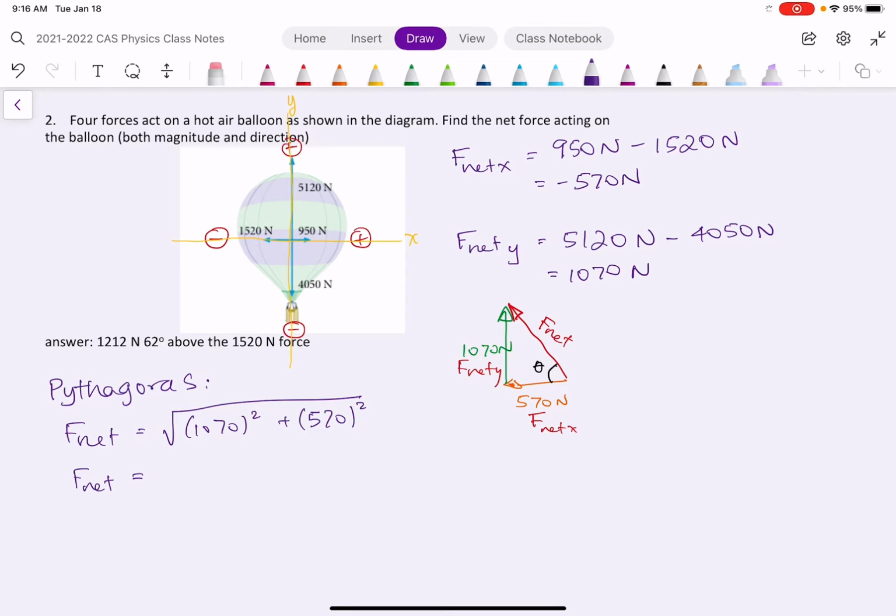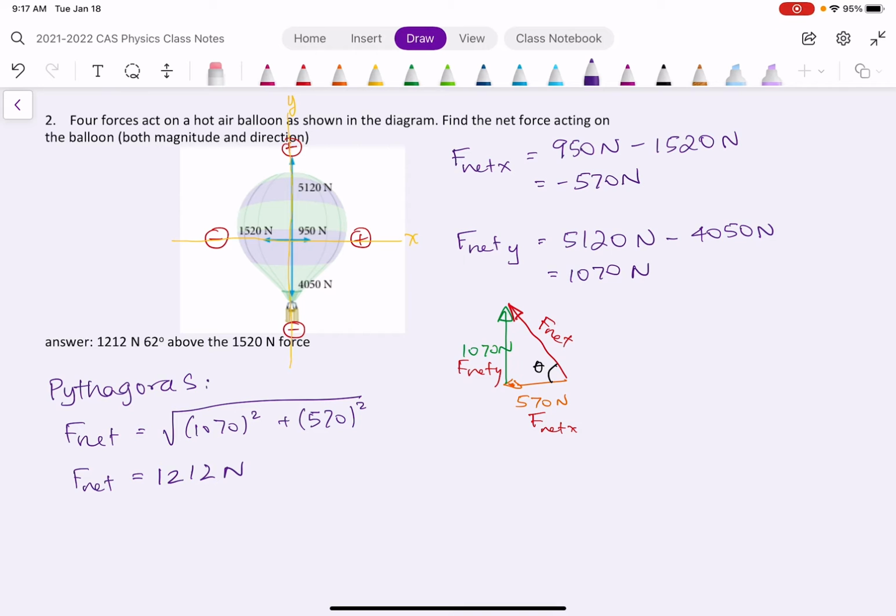So putting this into the calculator, 1070 squared plus 570 squared, and then I'll take the square root of that, and I get 1212, as the answer says, 1212 newtons, and that's the magnitude.